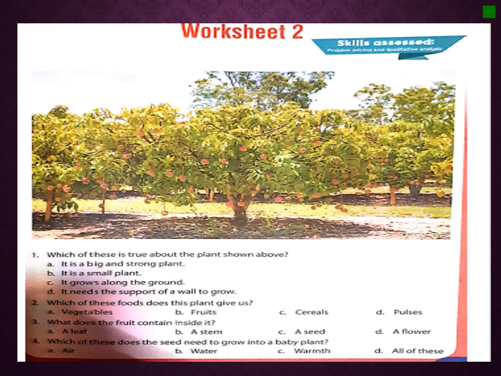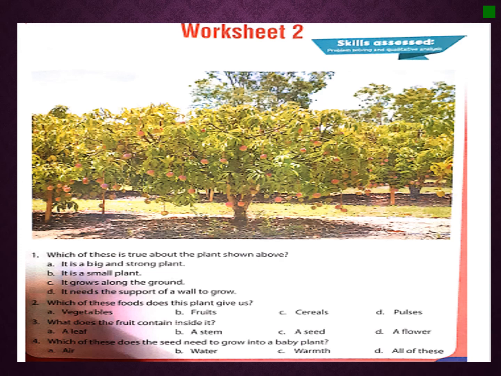Which of these is true about the plants shown above? A. It is a big and strong plant. It is a small plant. It grows along the ground. It needs the support of a wall to grow. 2.